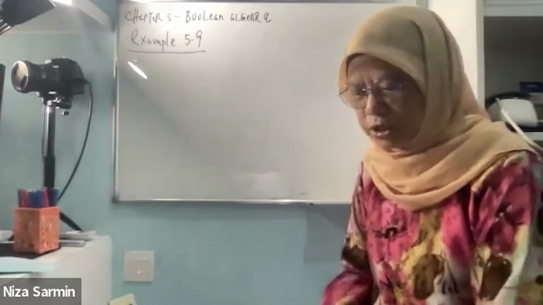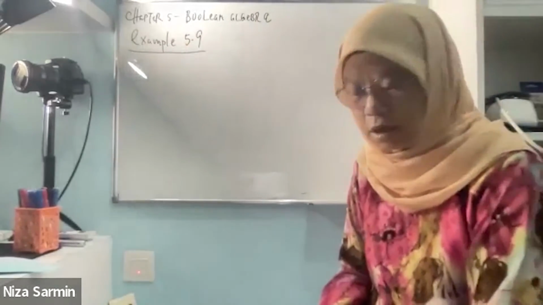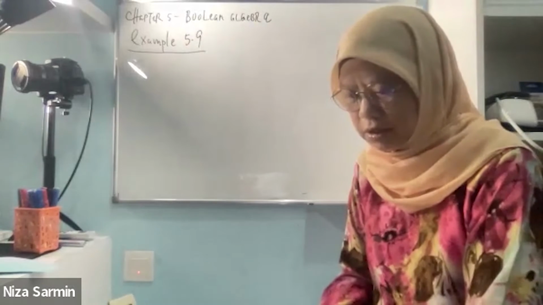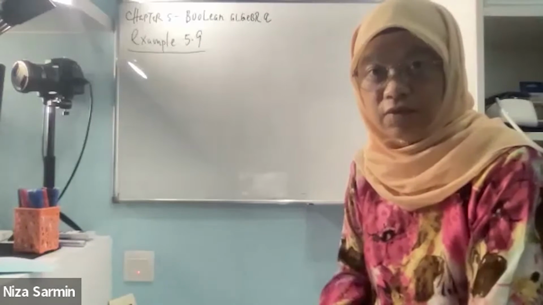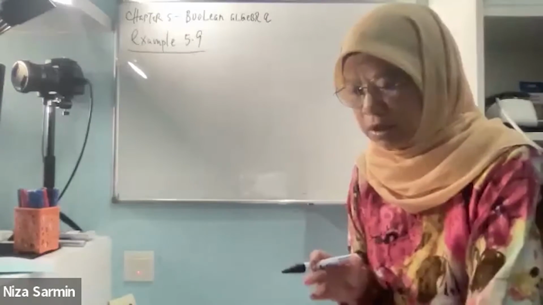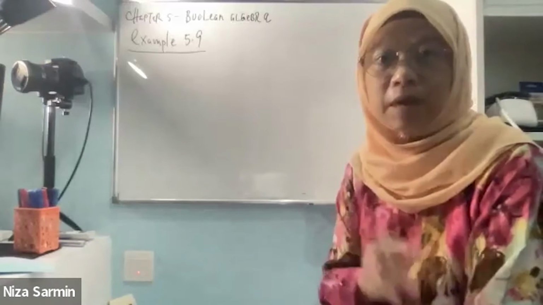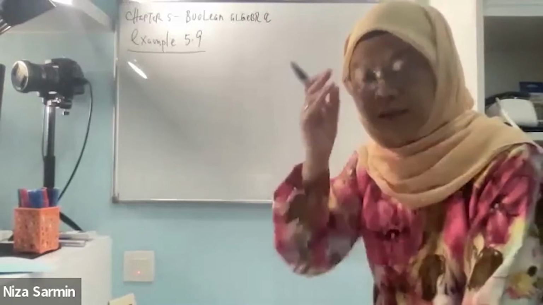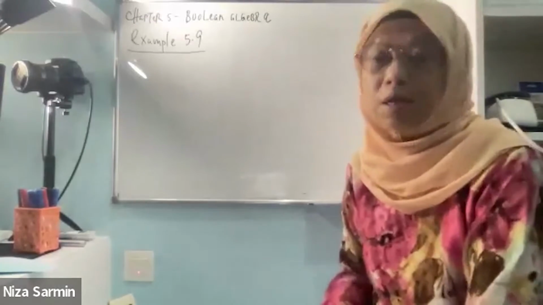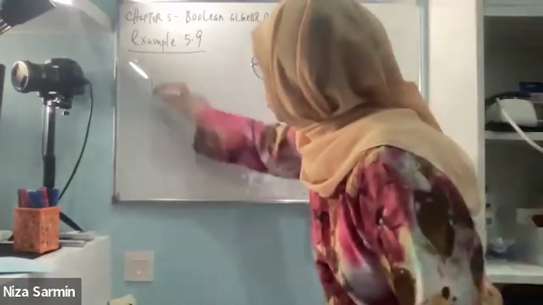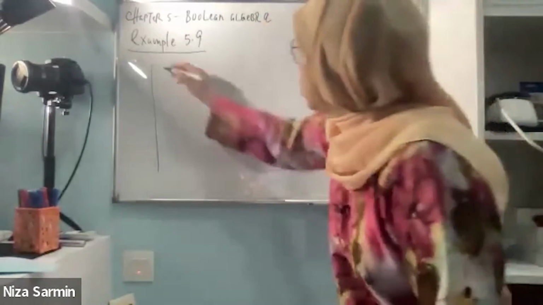All right, the question is to construct Karnaugh maps for the function whose truth table are given. So you are given a truth table, you are not given the F, you have to find the minimum expression of F min, okay? And using Karnaugh map. Okay. So you are given XY.